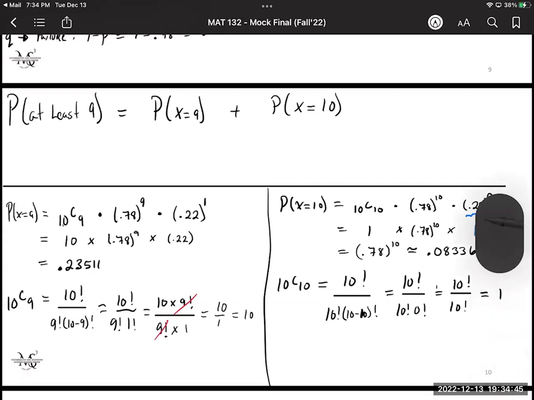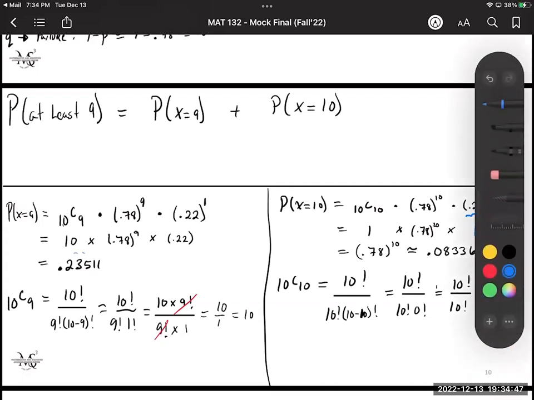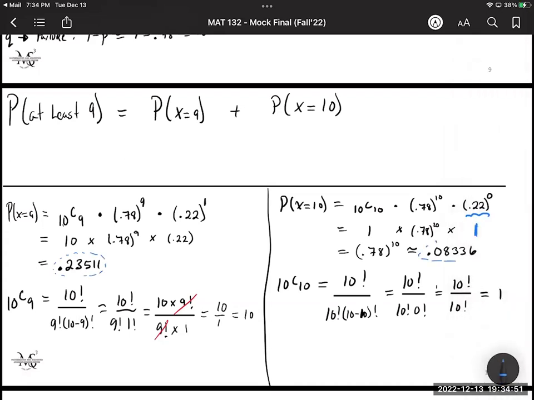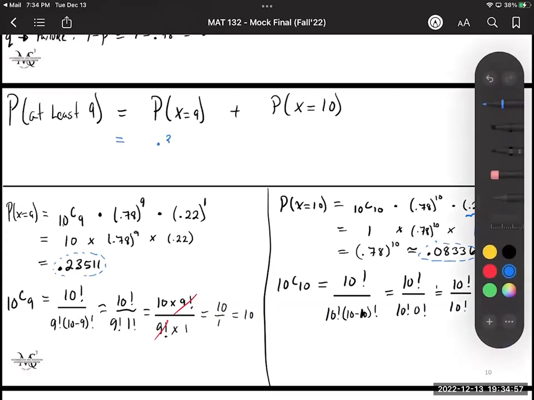So now we're going to add these two numbers together. So this is going to be equal to 0.23511 plus 0.08336.